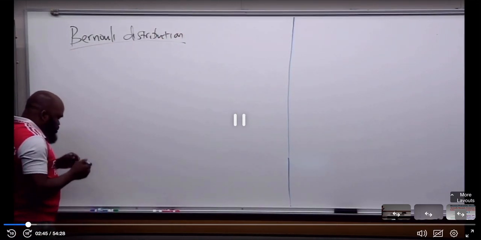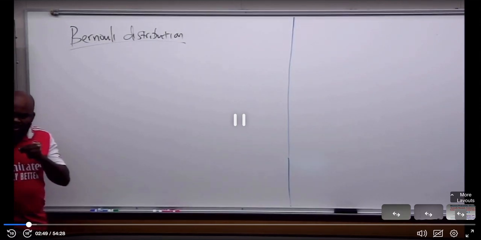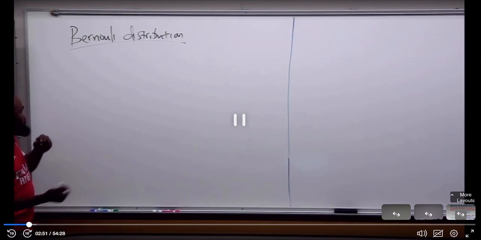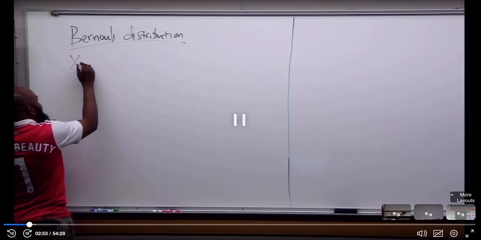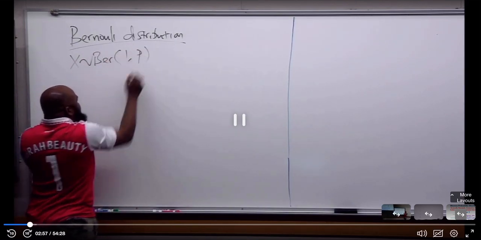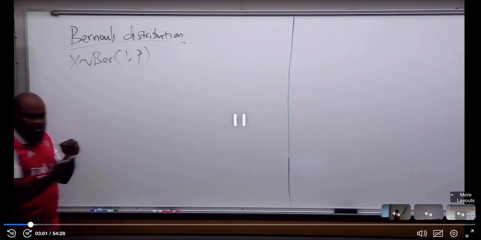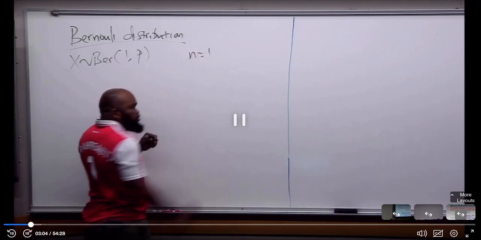So the Bernoulli distribution is one of the discrete probability distributions. For instance, if X follows Bernoulli with parameter 1 and p, the parameter 1 here is actually talking about the number of trials.